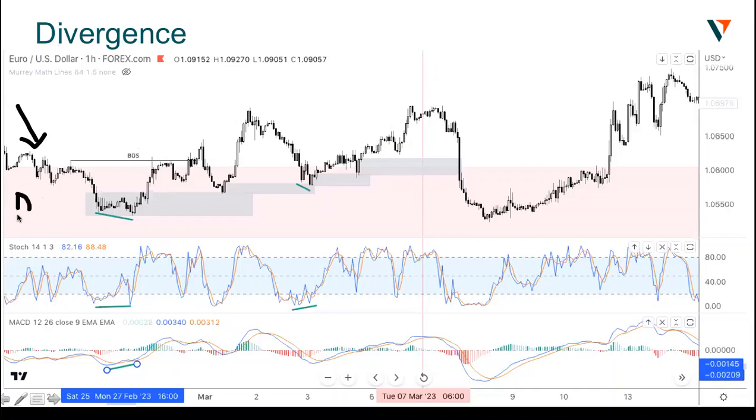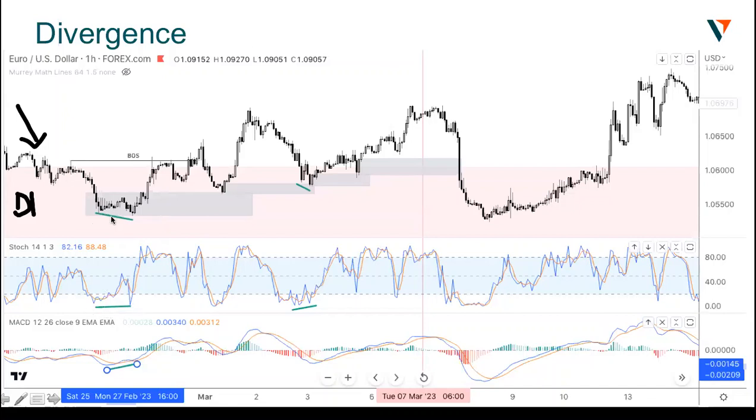It came into a demand area over here. And then you can see the first sign of a reversal comes in here, where prices were ranging. And you see that there is divergence in terms of price forming a lower low here. If you compare the low of this move to the previous move, it actually forms a lower low, but on stochastics, it actually formed a higher low. So this is an example of a bullish divergence.